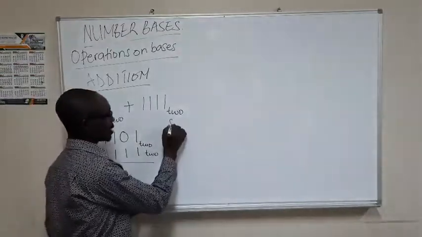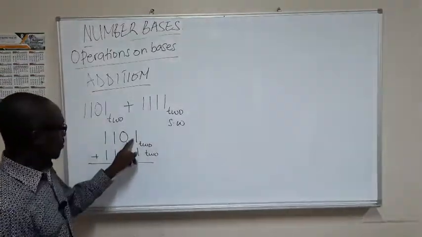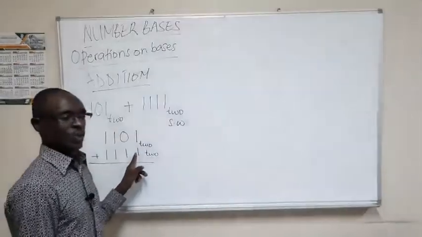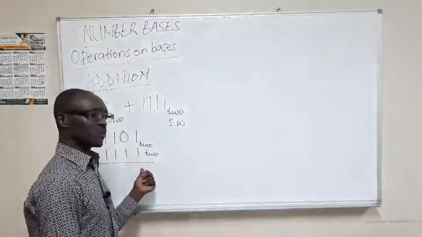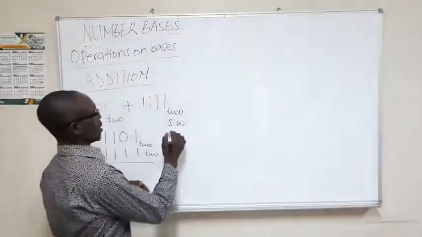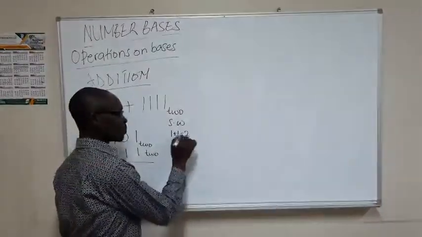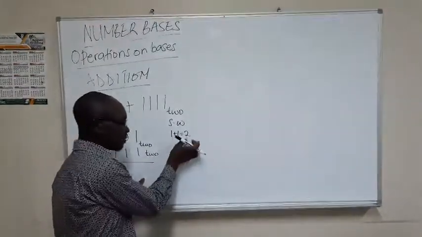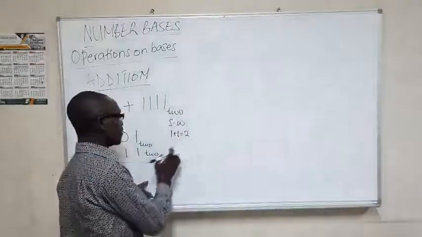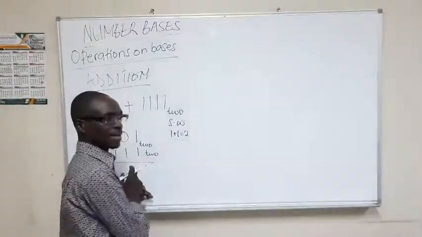If this is our side work, 1 plus 1, I'm getting 2. But remember, we are in base 2 now. We can't write a 2 here. Our simple technique is: the value you get, divide by the base, and record the remainder.